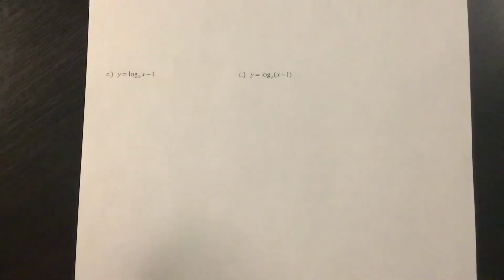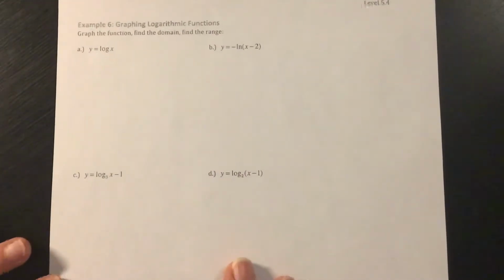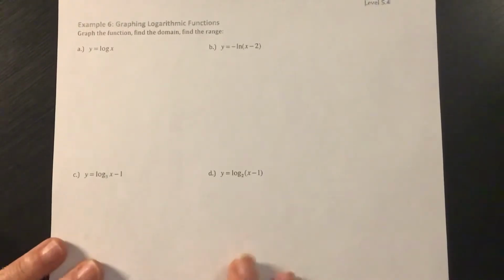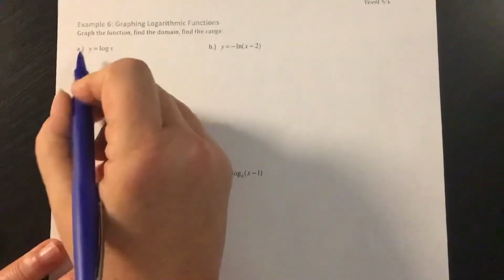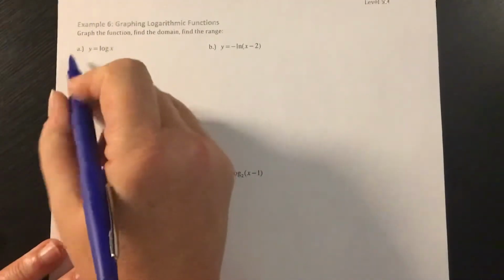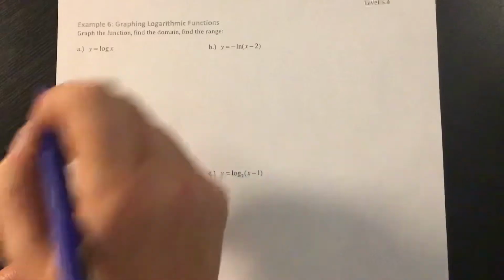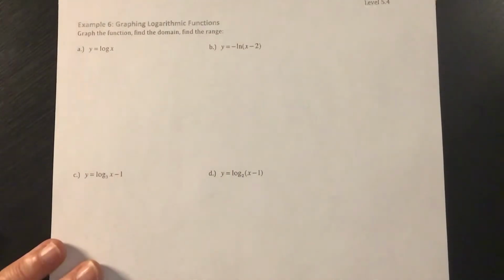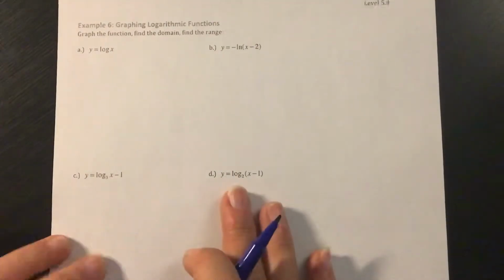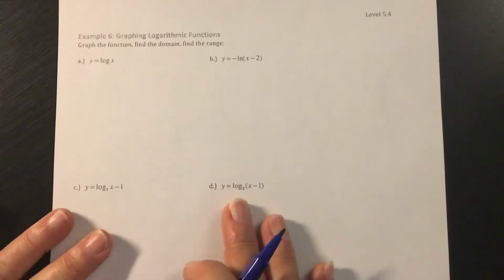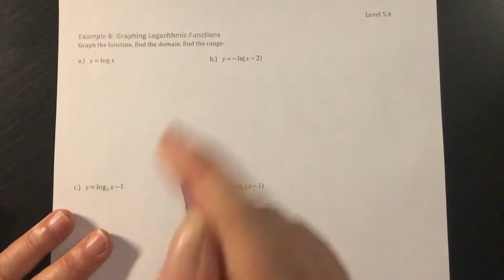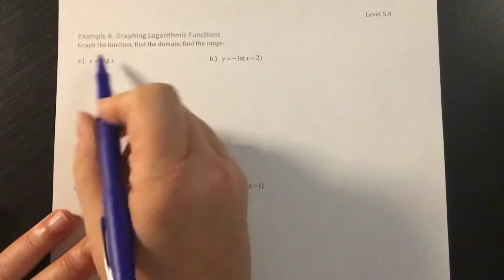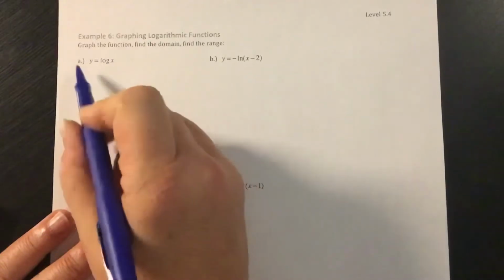And there are a few ways that we can do this. I'm going to use a table, and I'm first going to write this equation as an exponential sentence, because I think we understand the concept of exponents better than we do the concept of logarithms. So first of all, I need to write this as exponential.